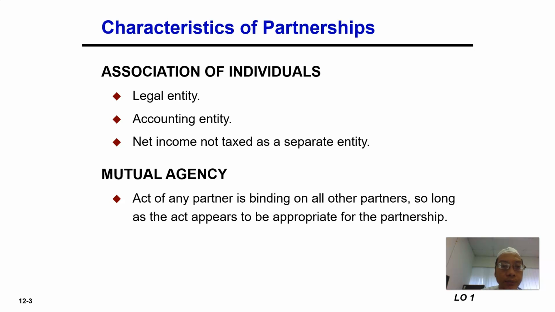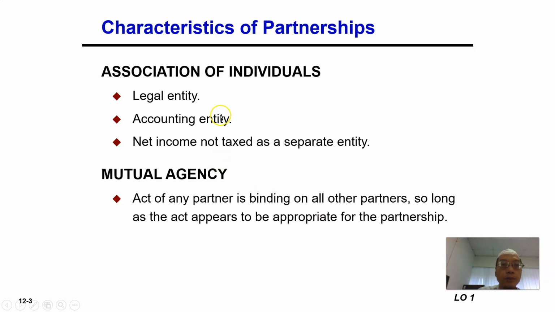Net income is not taxed. In terms of tax, the partnership is not taxed on its own, but each partner will be taxed according to their portion of the profit they obtain from the partnership.